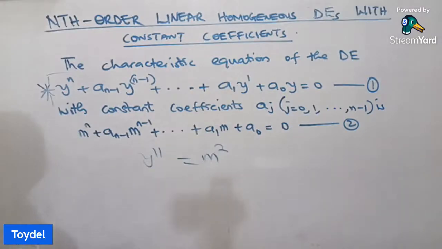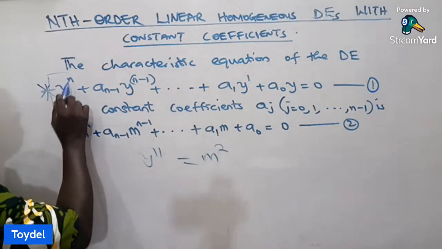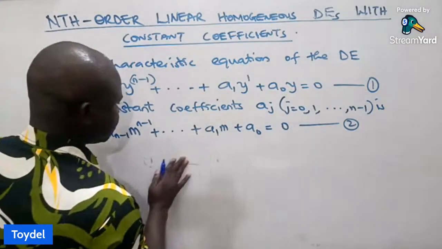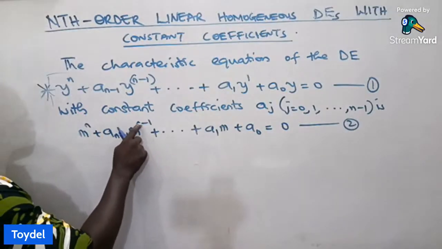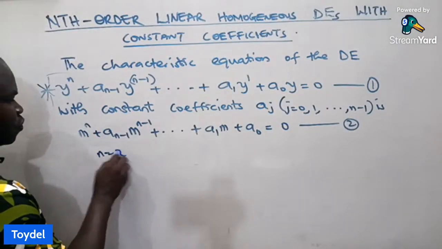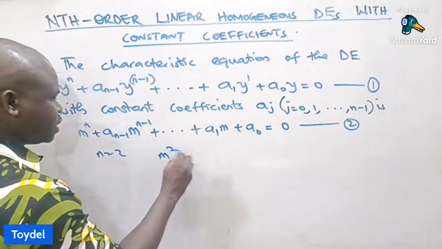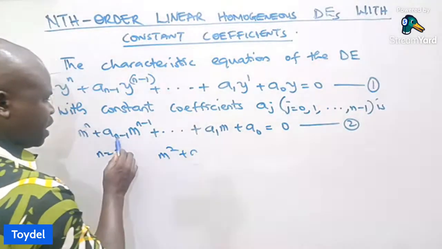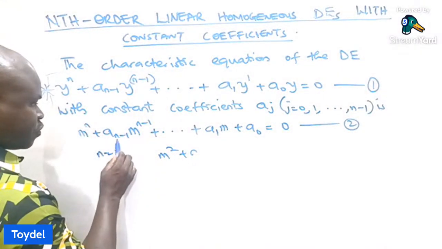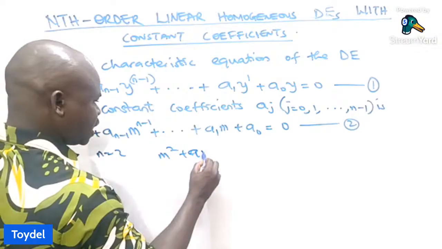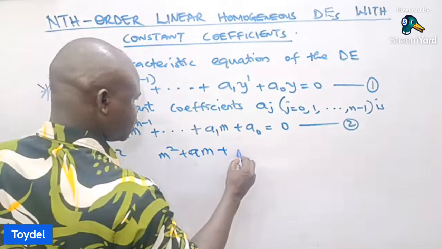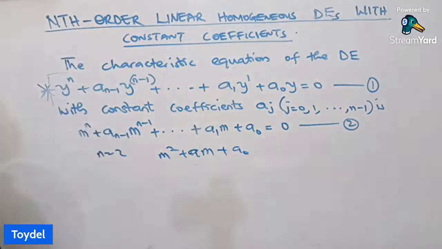But when we have y raised to power n, it will be m^n, followed by n minus 1. If n is equal to 2, this first one will now be m squared plus a1 m, then plus a naught. That's what we are going to have, and a naught is equal to 1.